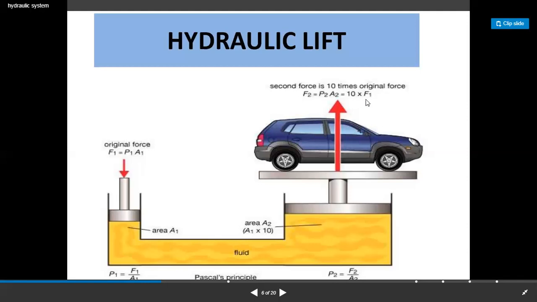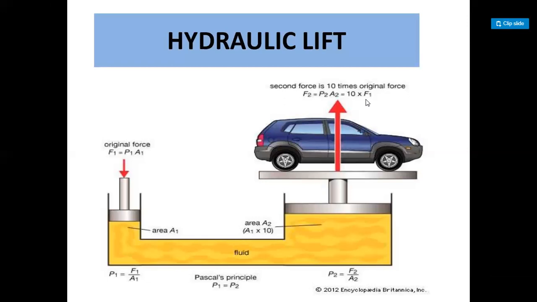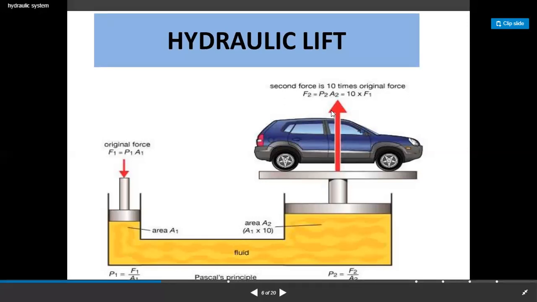Because if it is applied one time, it increases 10 times; applied two times, it should be increased 20 times. So 20 into F1, that is the area of cylinder A2. So this is Pascal's principle.